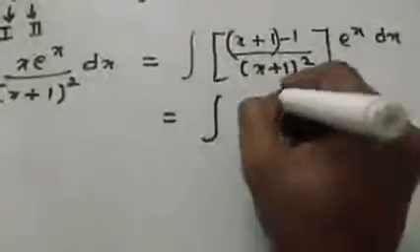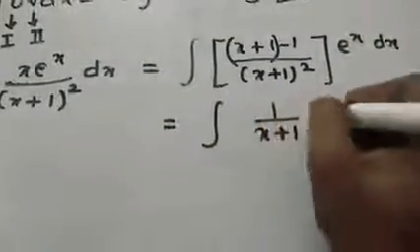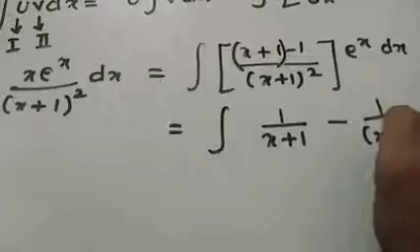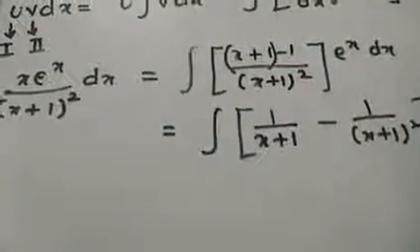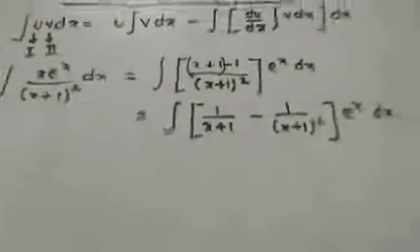After dividing, we will get 1 by x plus 1 minus 1 by x plus 1 whole square, into e to the power x. We have already solved this type earlier.